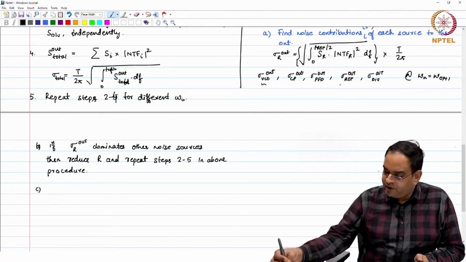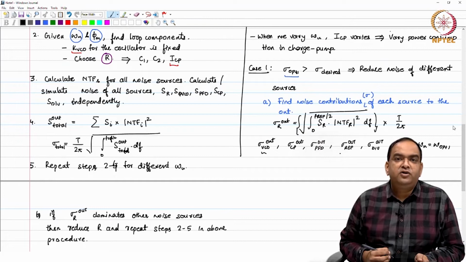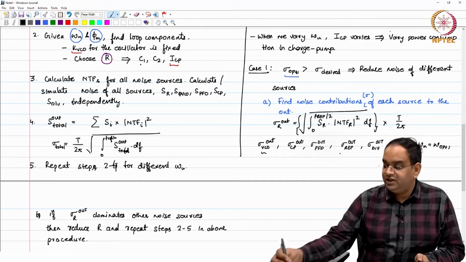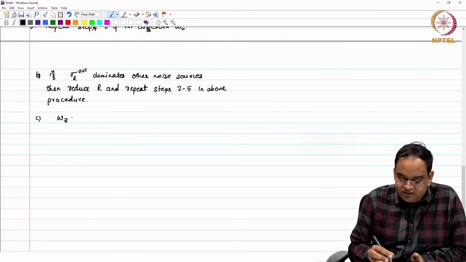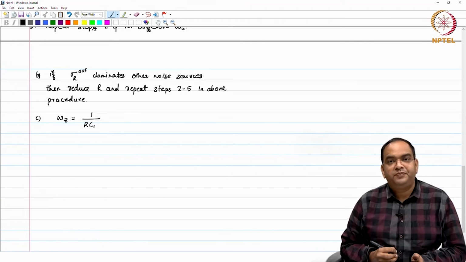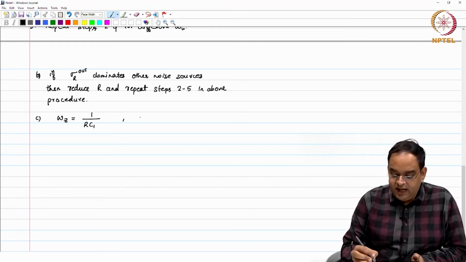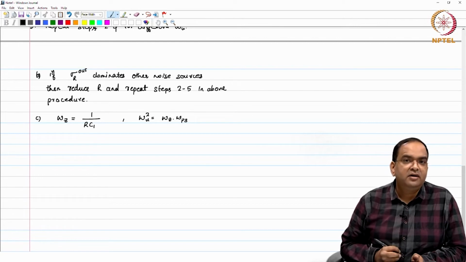There is a trade-off between the value of the resistor and your area for the capacitor C1. We have seen earlier that omega z in the loop gain expression is 1 over R C1, and omega u square is omega z times omega P3.